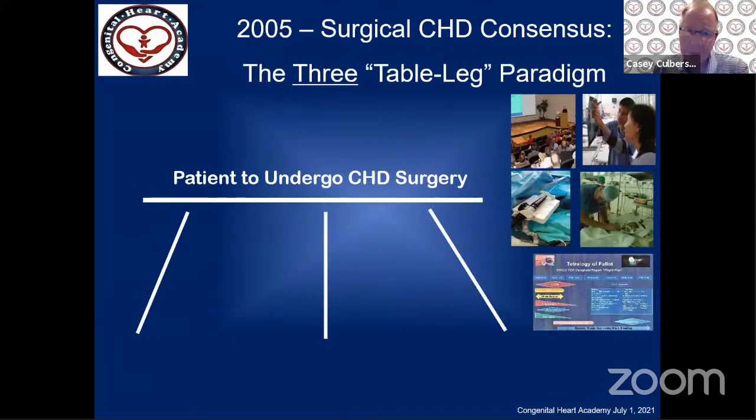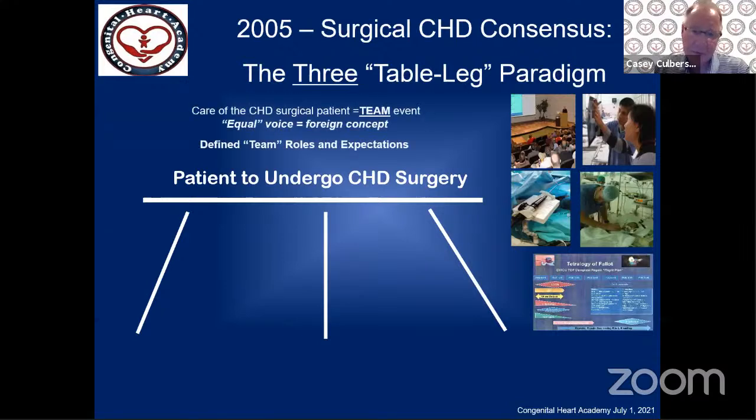So what we came up with was a consensus of how to do surgery. We called it the 3 table leg paradigm for patients undergoing congenital heart surgery. One of the first things I found that was interesting was the idea to introduce the idea that care of a surgical patient was a key team event. The equal voice idea was just an incredibly foreign concept to them.